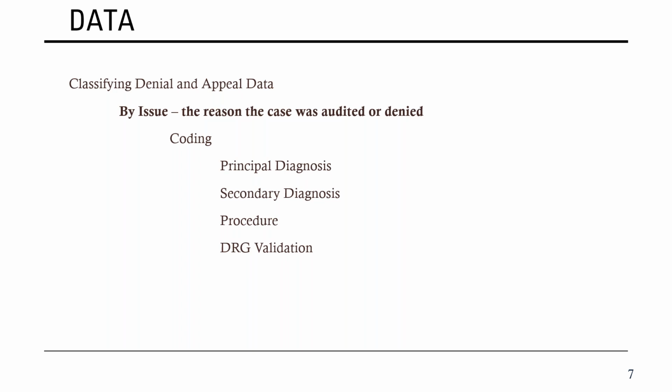Or DRG validation, which is basically anything that has to do with changing of the DRG. Maybe it's resequencing of the code, or maybe it is the discharge status, things like that, that have an impact on the DRG.